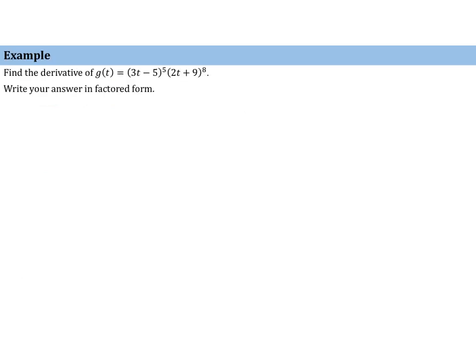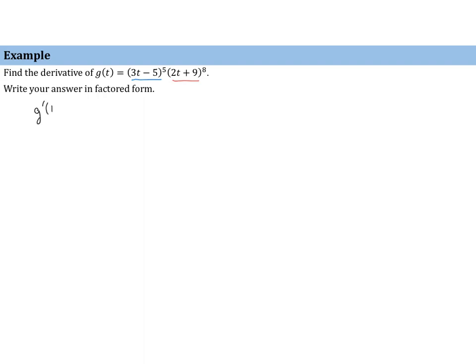Now we will take a look at an example where we have to differentiate a function using the product rule, and then in the midst of using the product rule, we'll have to use the chain rule. So here we have a function g of t, which is a product of two functions. So we will use the product rule.